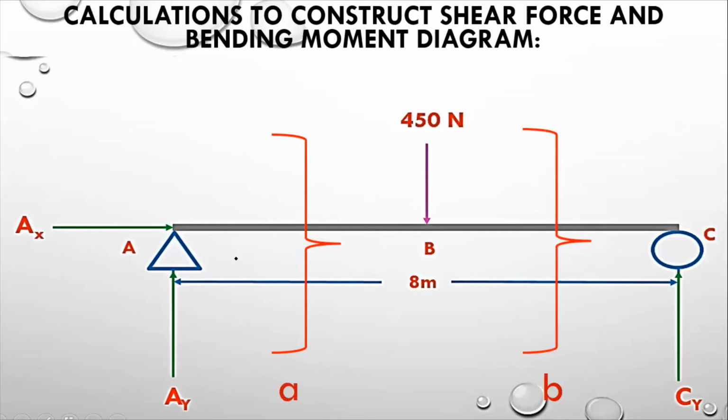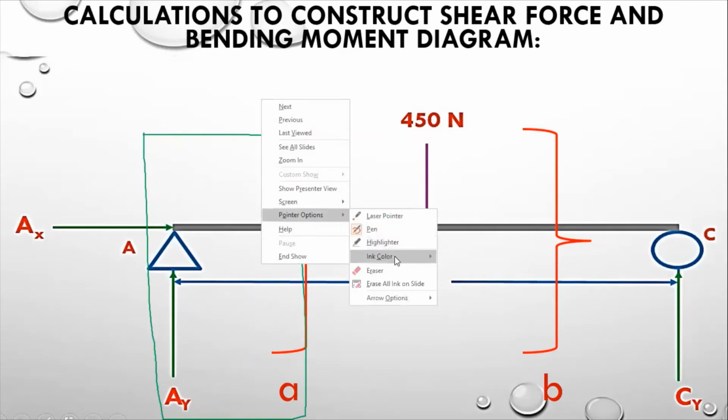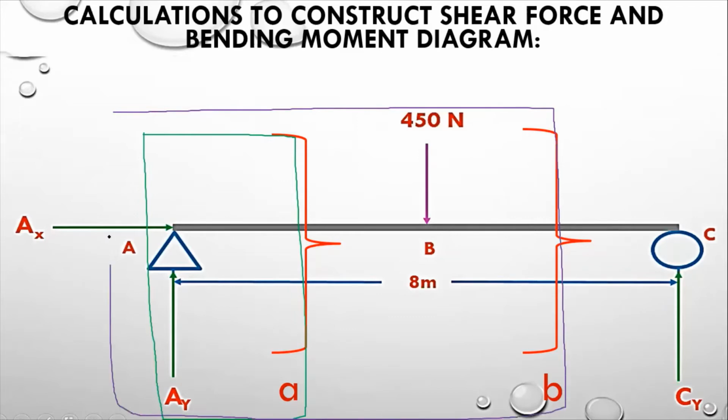What does it mean for the first section? We are going to take this whole portion before we have cut the beam. And when I am going to solve another section, BC, I will take this whole portion for the next section, or you can say the next region.